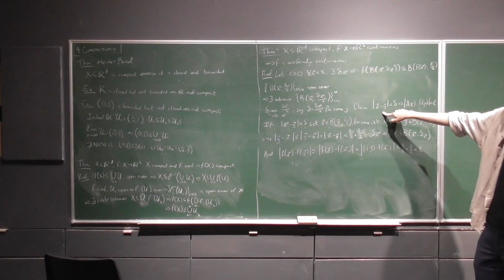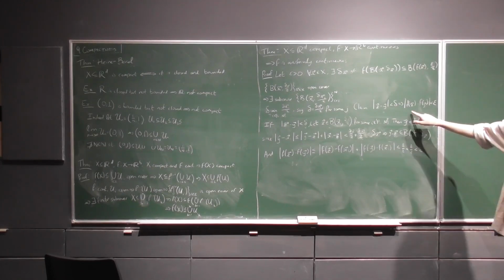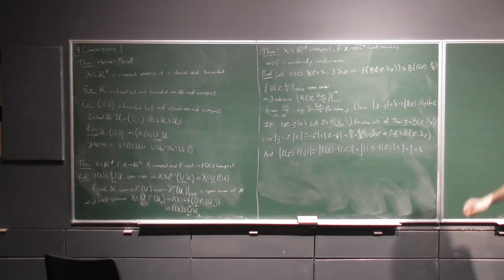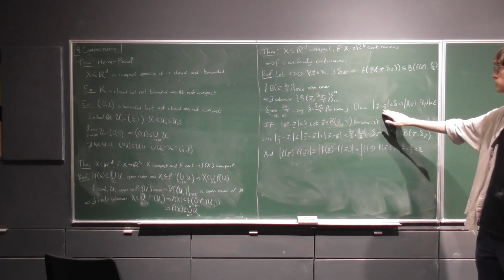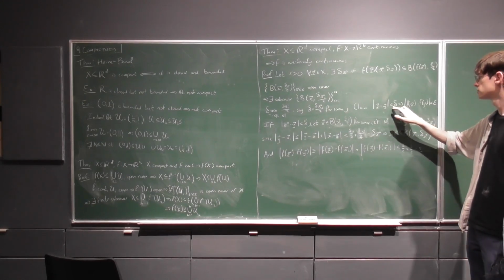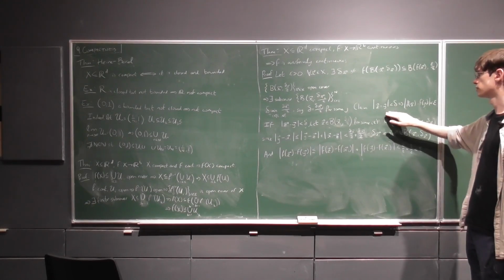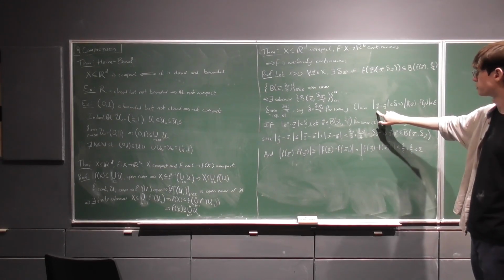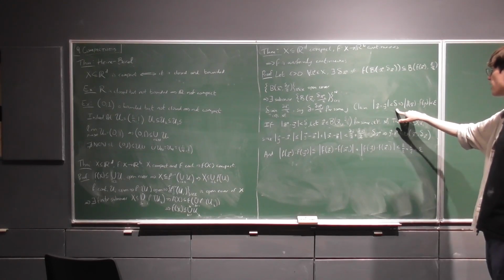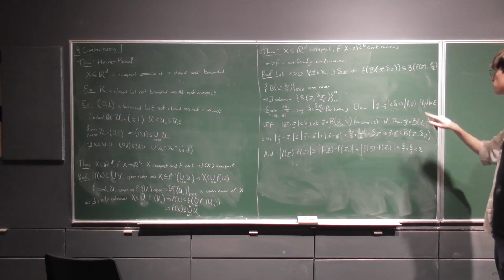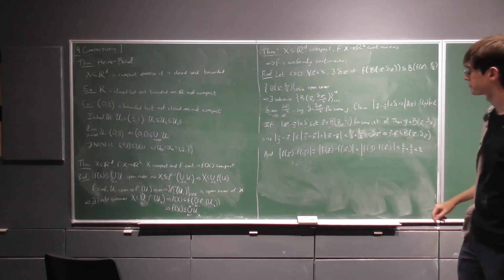If we have any two points that lie within this global delta, then they'll be mapped within an epsilon of each other. Any points that are close enough here, within a delta, will be close enough within an epsilon under the map.